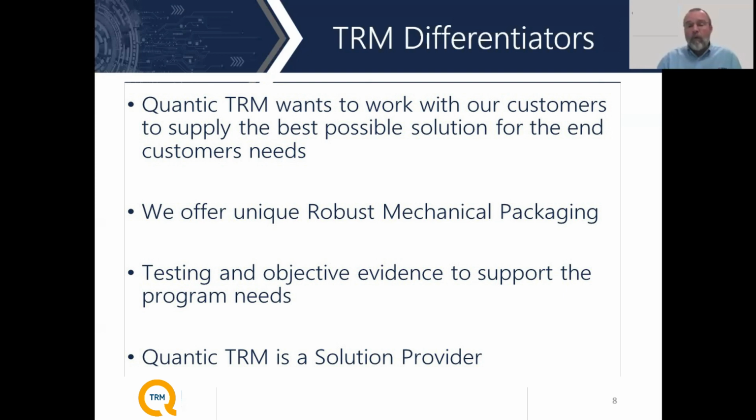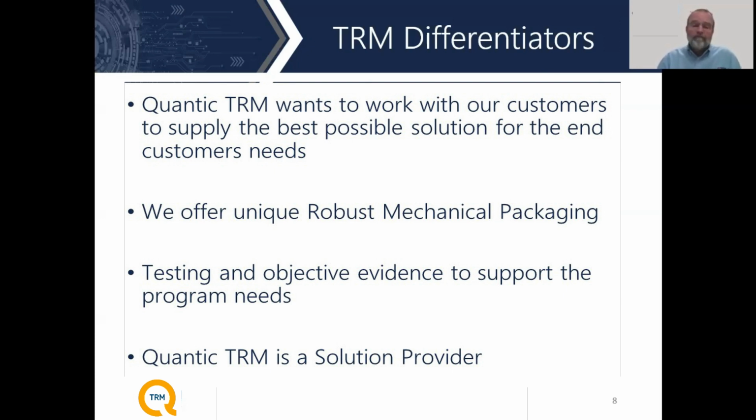We are not a one-trick pony as far as that goes, and therefore we can truly partner with our customers to design components that meet the needs of the system, and that includes mechanical packaging. Mechanical packaging isn't necessarily just making sure we get the right form, fit, and function. It also says that we're going to meet the environmental requirements of those environments as well. So TRM prides itself on being able to uniquely test for these various environments as they come up.